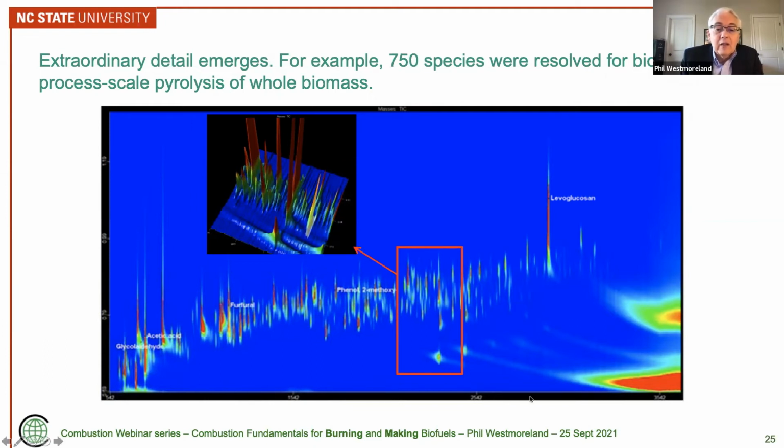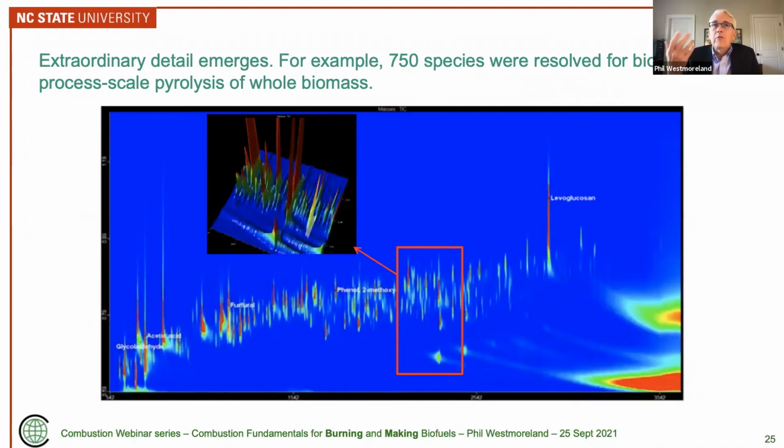So the primary axis is the primary column, the second axis is the secondary column, which can be a different type. And the colors here in the two-dimensional plot are like a contour plot. You can see in the inset, just magnifying this region here, the many different species that are showing up. The second column can separate things that weren't separated by the first column, because you've refocused it, you've got a different separation.